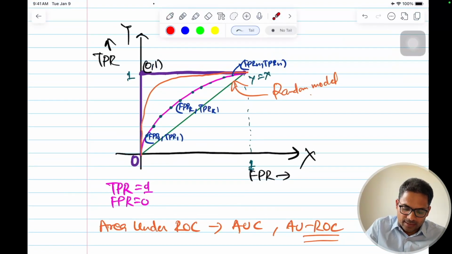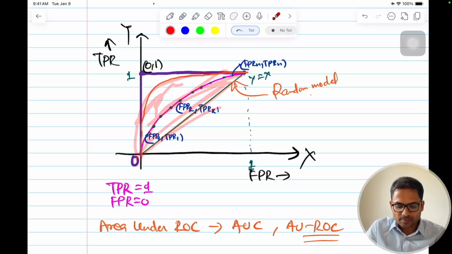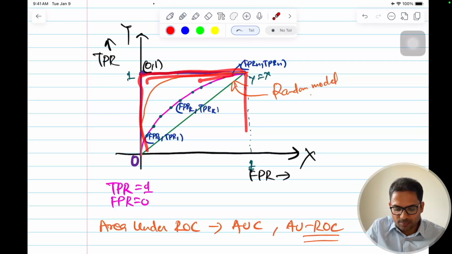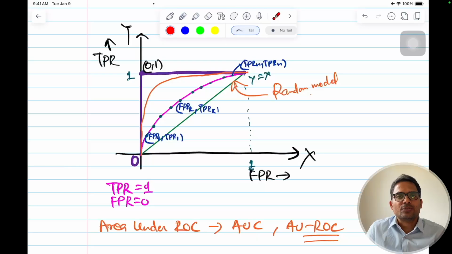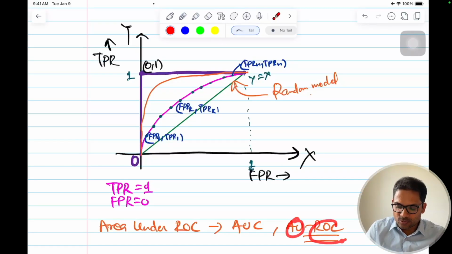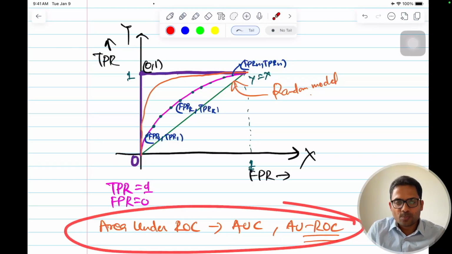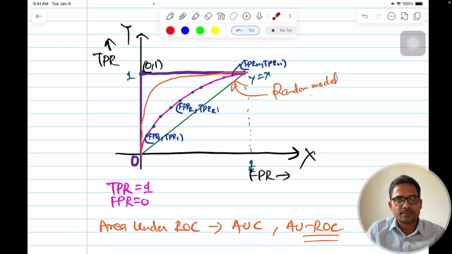So whatever is the area under this curve, if this is the case, then the complete area will be there. So this area is called AUC, or area under ROC curve. In short, AUC, area under curve, area under receiver operating characteristic. I hope AU-ROC is clear.